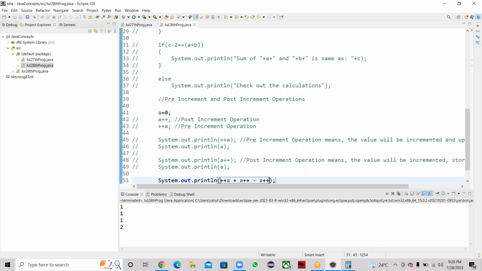What is the output of line number 51? Is it one?